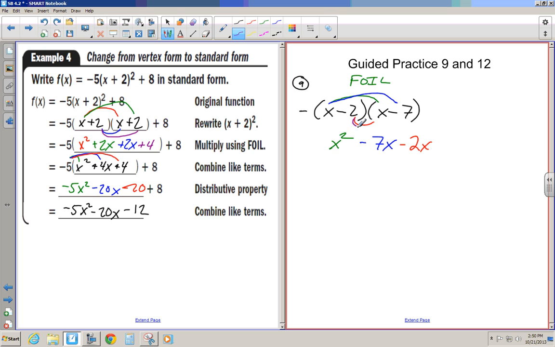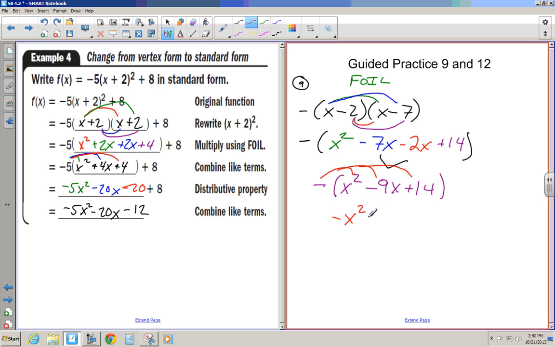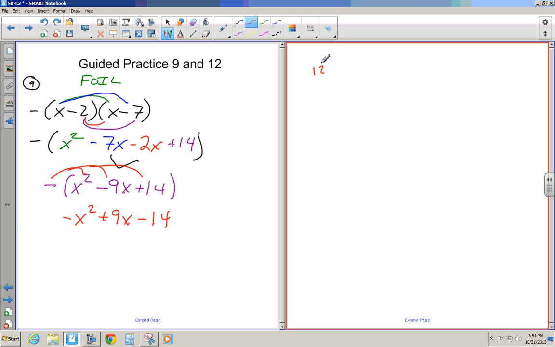And the last numbers in each parenthesis. Now, do not forget the negative sign on the outside. So combine like terms. And now distribute the negative. The negative works on everything inside the parentheses. It becomes negative x squared plus 9x minus 14. That's number 9.